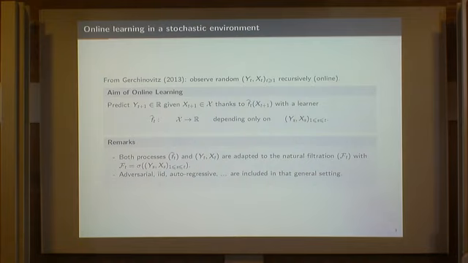So we assume that we observe a couple YT, XT recursively, so online. And this process YT, XT is stochastic, but we do not assume anything about the distribution. The aim of online learning is the following.